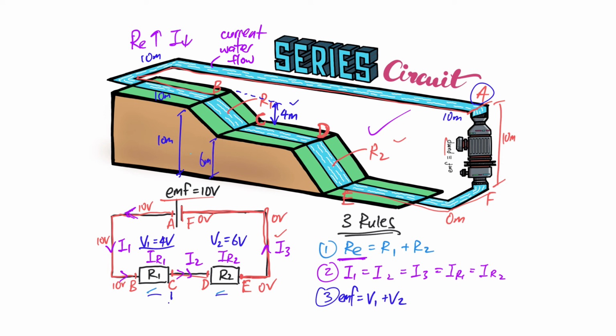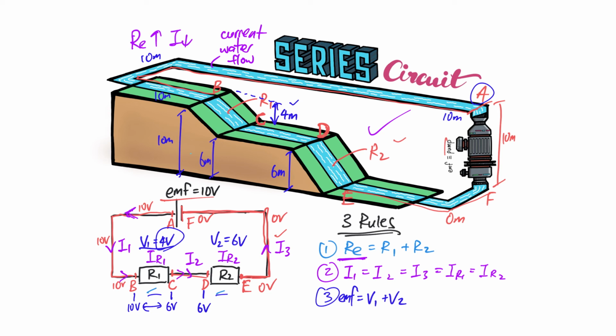So at point C, now the voltage there is 6 volt. And at point B, the voltage is 10 volt. If you minus off, that's why you say there's a potential difference, voltage difference of 4 volt. That's what it means. So at point D here, likewise is copper wire. From C to D, it will remain as 6 meters, 6 volt.